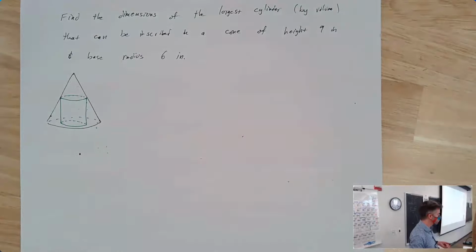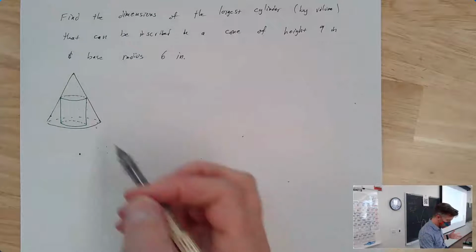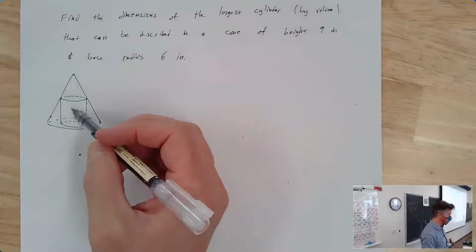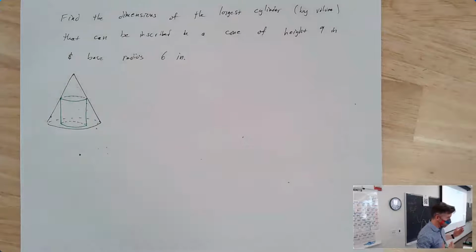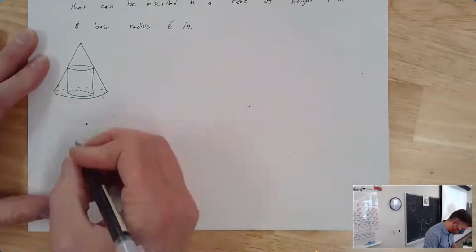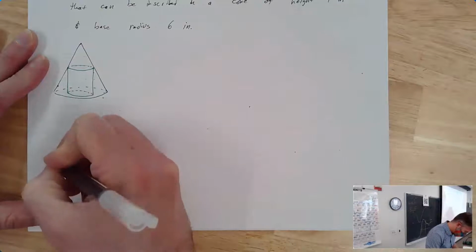It's actually not a super helpful picture to draw. What I really want is the two-dimensional projection of this picture onto the plane. So what I really want instead of a cone and a cylinder is a triangle and a rectangle. So I'm going to think of this like this.